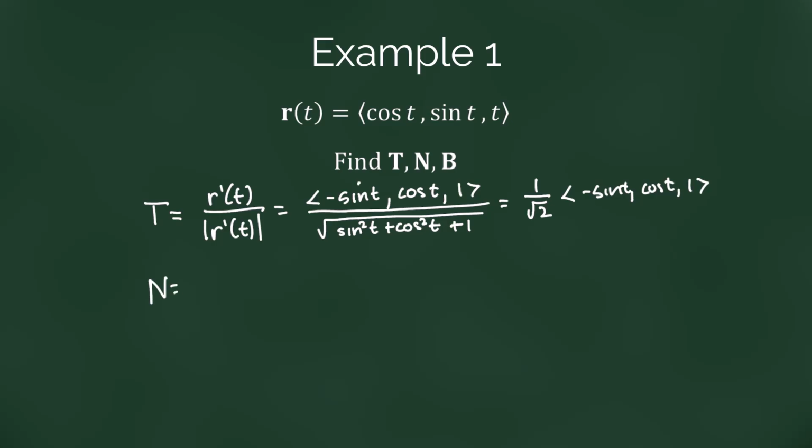N is then T prime of t divided by the magnitude of T prime of t.